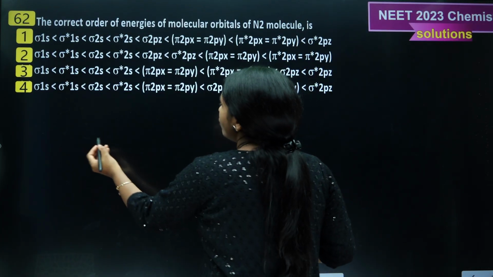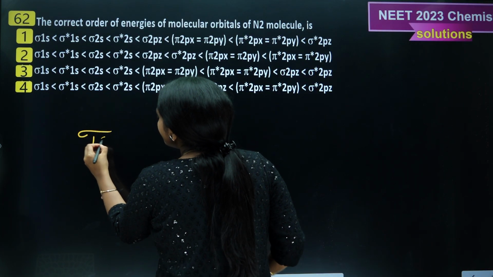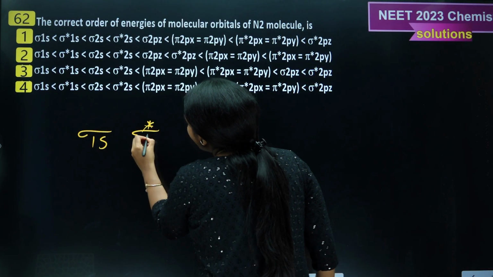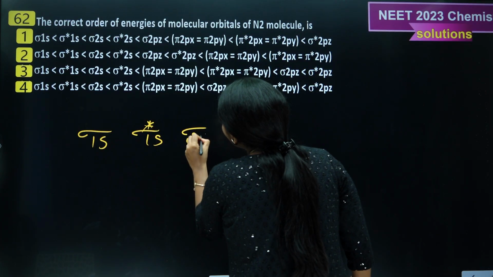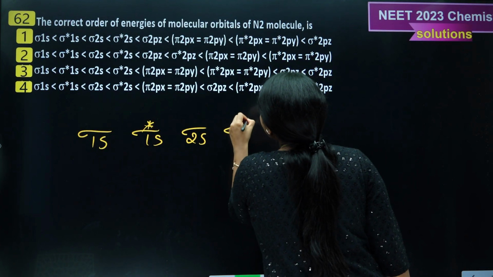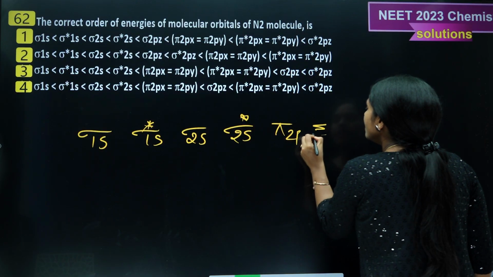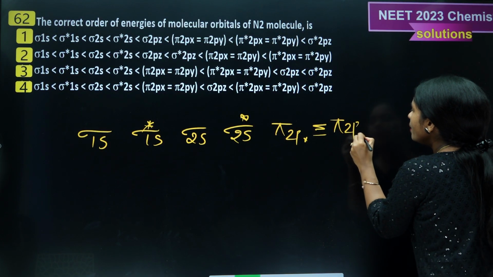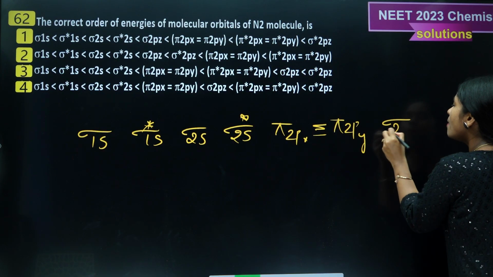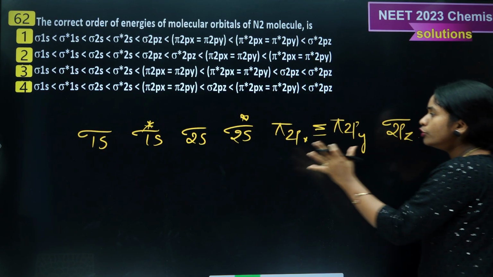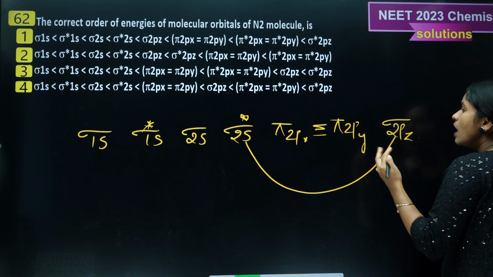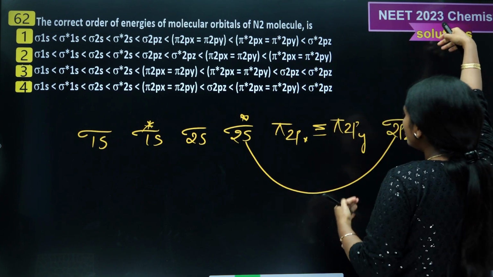So according to that, what will be the configuration? Sigma 1s, then sigma star 1s, sigma 2s, then sigma star 2s. After that, pi 2px, which is equal to pi 2py, and then we will get sigma 2pz, because due to sp mixing, one comes to a lower level, one goes to a higher level.